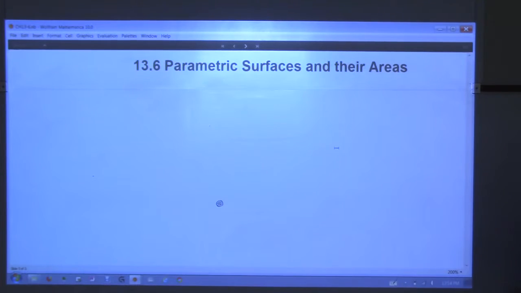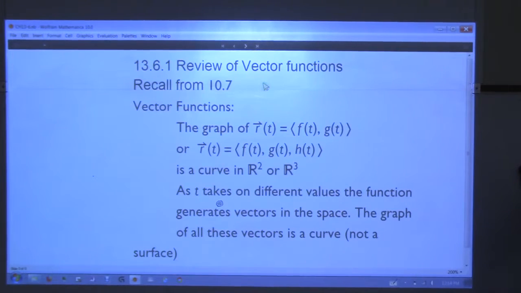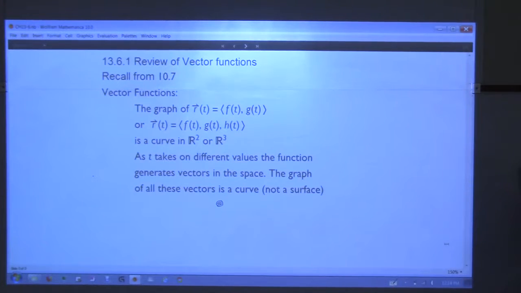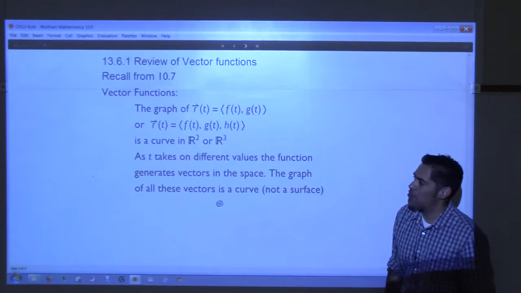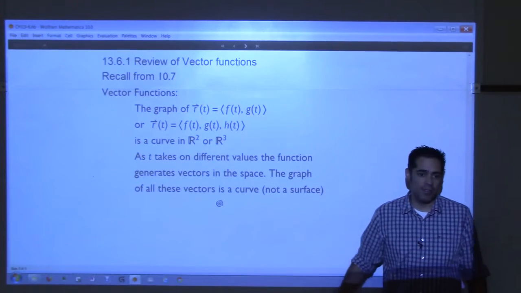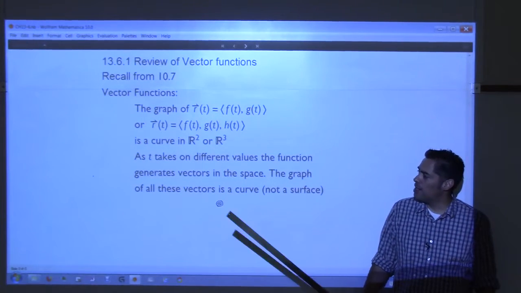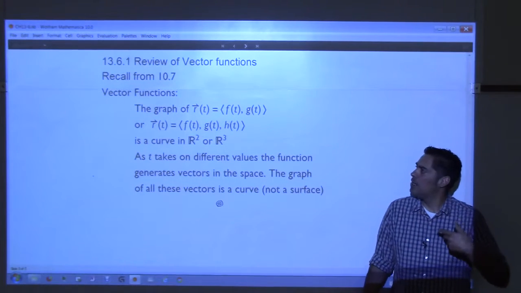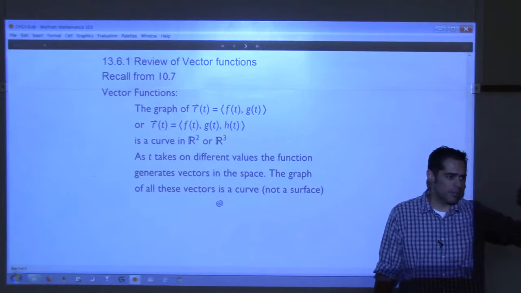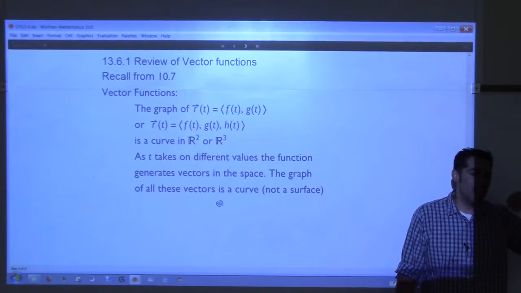Okay, I'm going to look it up because parametric surfaces and their areas. Okay, I need you to think back to 10.7. That was, you know, what, last week? 10.7, we introduced the idea of vector functions, and we talked about space curves, meaning that you could draw a curve in 2 or 3 dimensional space with a vector function.